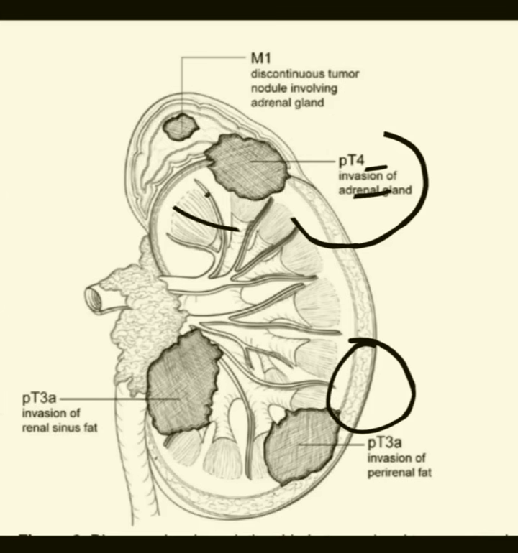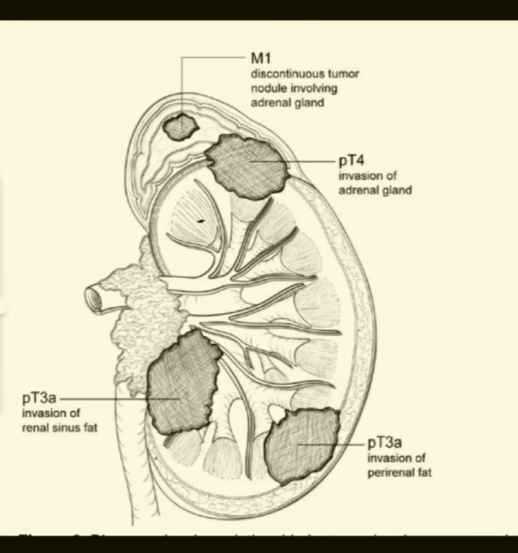Now, if the tumor is discontinuous from the renal cell carcinoma, and if the tumor involves the adrenal gland, in this scenario we do not call it pT4, we call it M1.